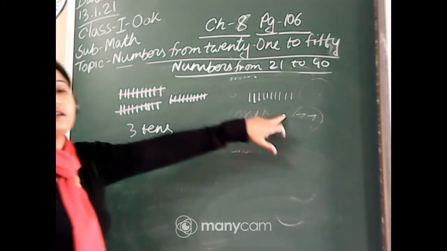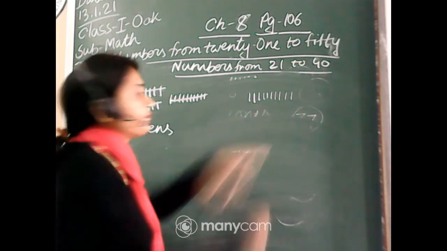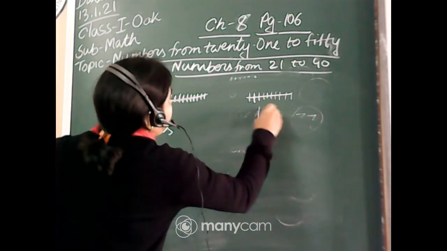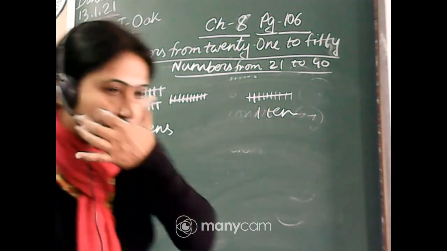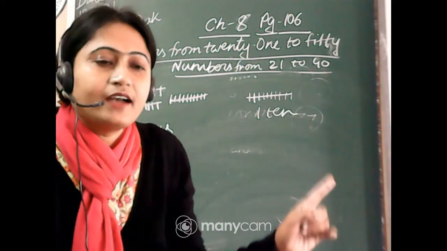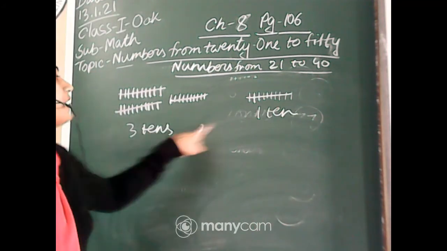10 ones means 1 ten. After 9 ones, then 10 ones. 10 ones means 1 ten. Then 3 tens plus 1 ten.